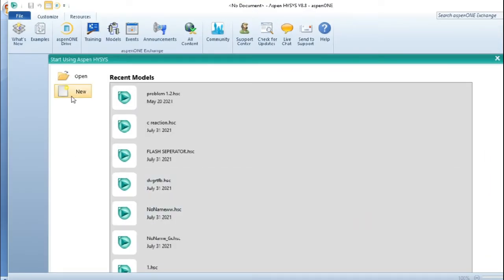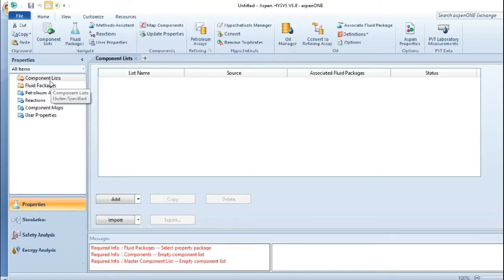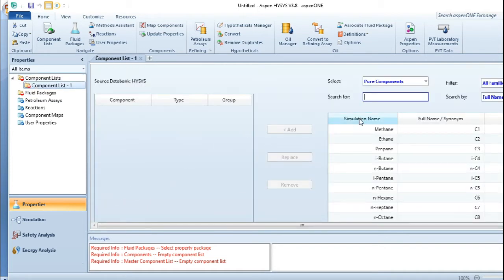So as usual, we go to create new. So we add our components. I have 4 components. The first component is carbon monoxide.